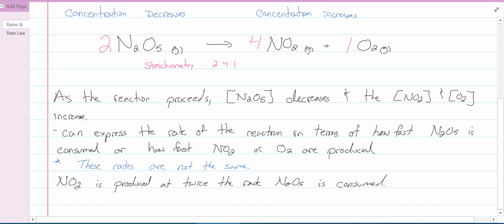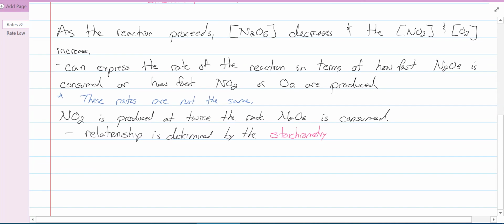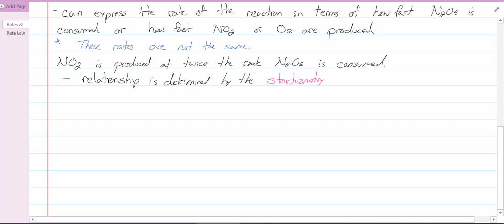All right. And you'll notice that the relationship is determined by the stoichiometry. All right. So now we've got this thing called a relative rate.